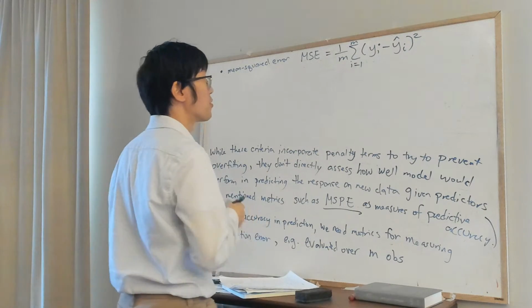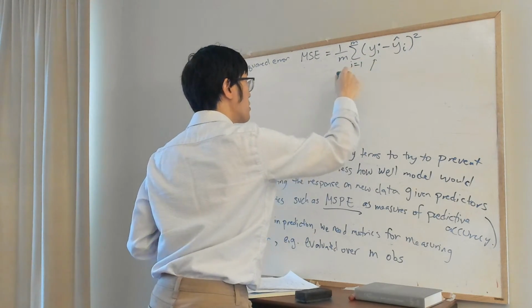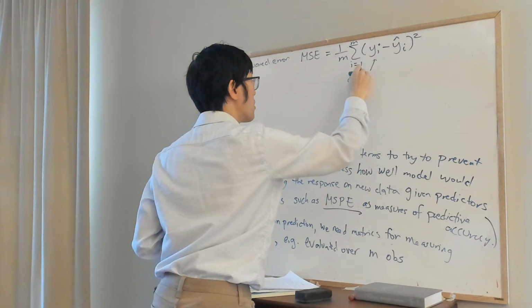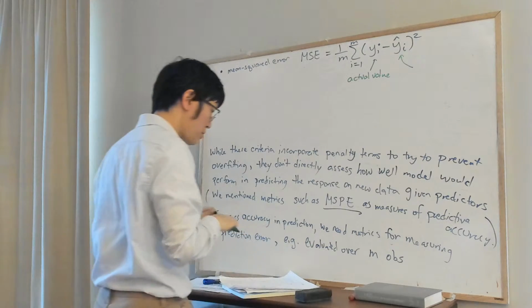Let's point out here that yi is the actual value, and y hat i is the prediction.